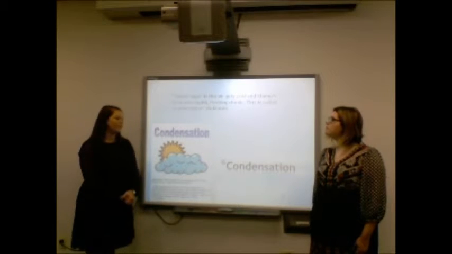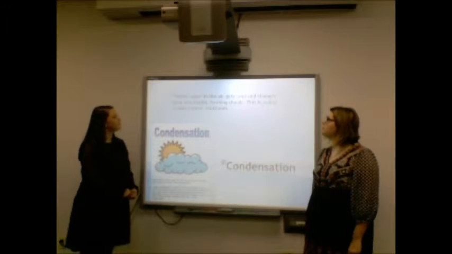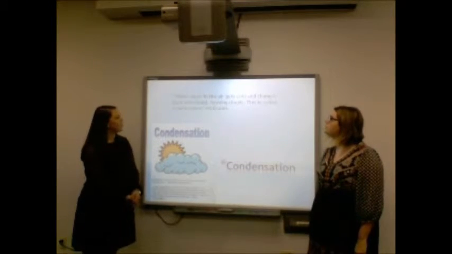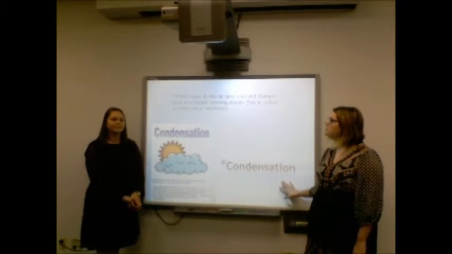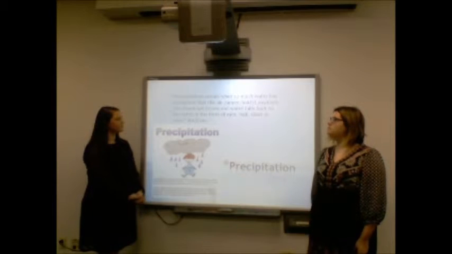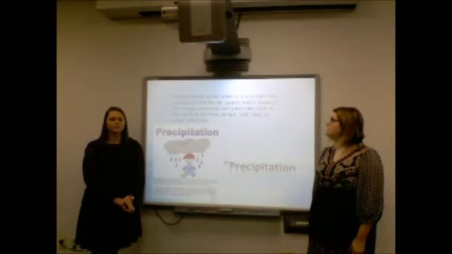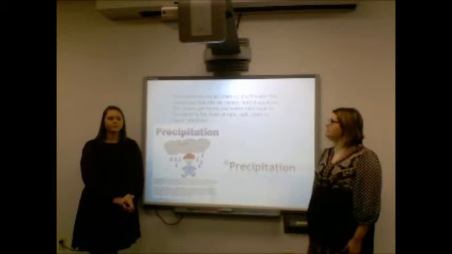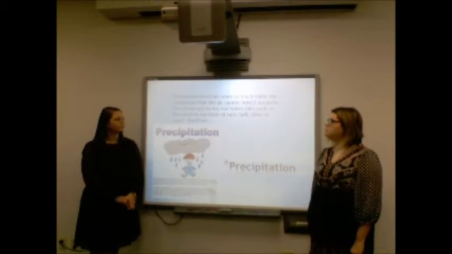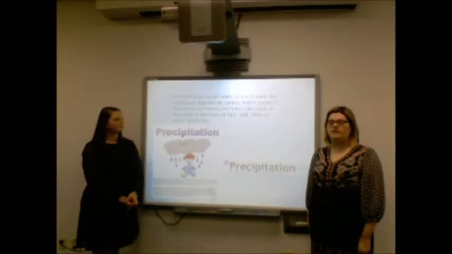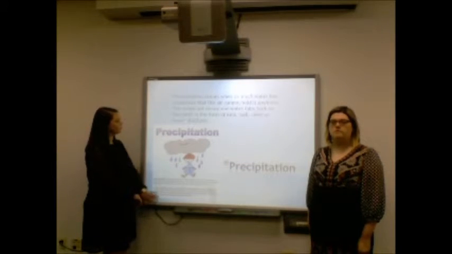The next vocabulary word is condensation, and the definition is water vapor in the air gets cold and changes back into liquid, forming clouds. This is called condensation. The last definition is precipitation. Precipitation occurs when so much water has condensed that the air cannot hold it anymore. The clouds get heavy and water falls back to the earth in the form of rain, hail, sleet, or snow.